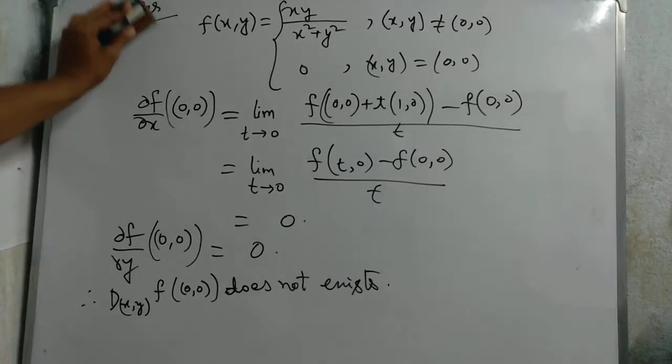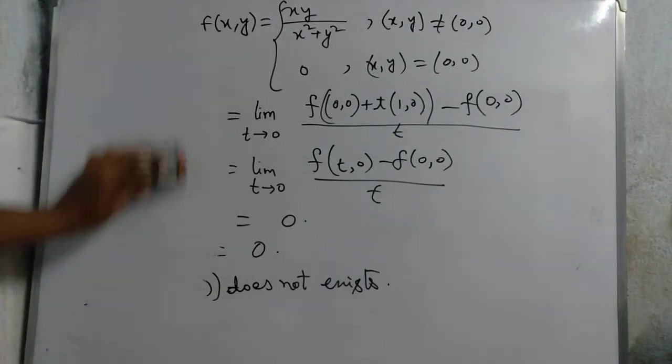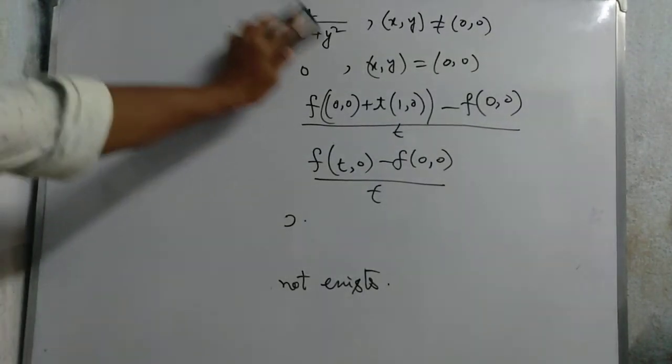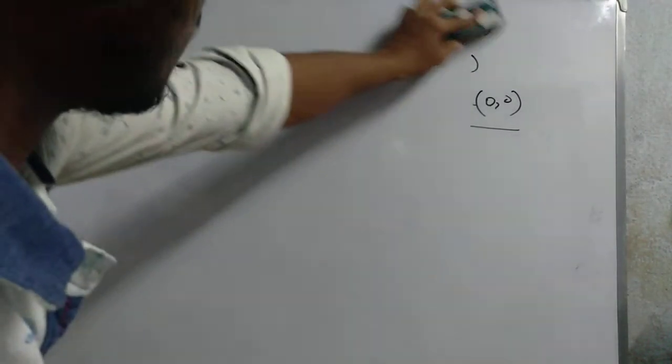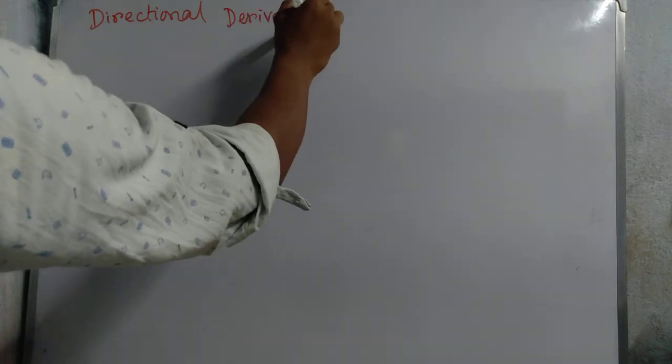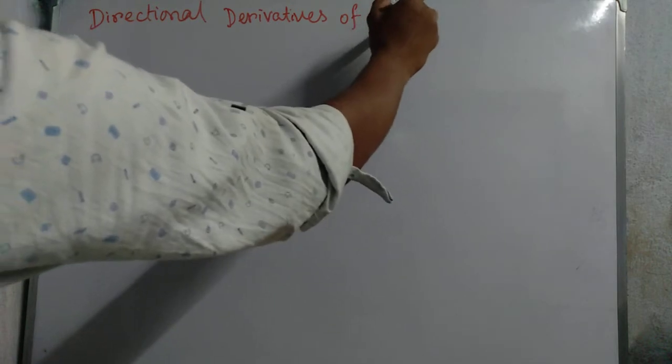Then we erase this problem and discuss the directional derivatives of a vector valued function. We erase this example also and go on to further discussion. We write: directional derivatives of a vector valued function.